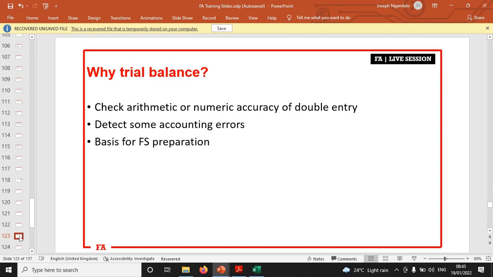If everything has been done properly, then the trial balance will agree, isn't it? I think that is what we could have said yesterday, but I don't know if you are able to remember.